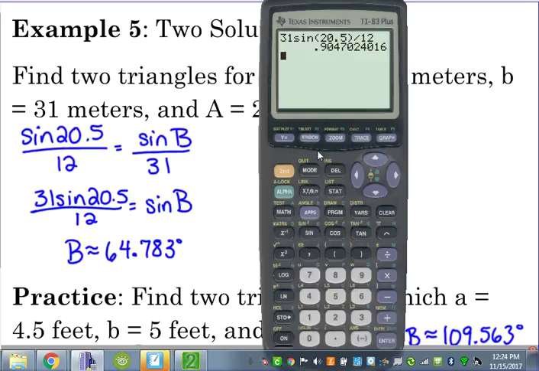This is the angle in the first quadrant. To find the angle in the second quadrant, we'll use that as our reference angle. So 180 minus 64.783. B could also be 115.217 degrees.